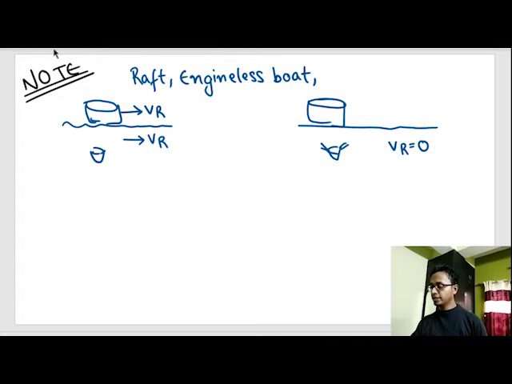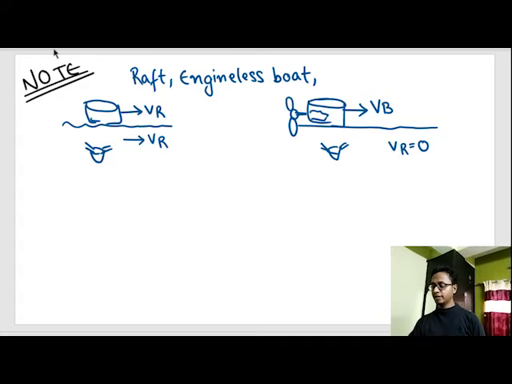Now what happens is, some mechanic came and added a propeller and an engine, and he started the propeller. So the boat, the engine-powered object, now started moving with some velocity, let's say Vb, the velocity of the boat.